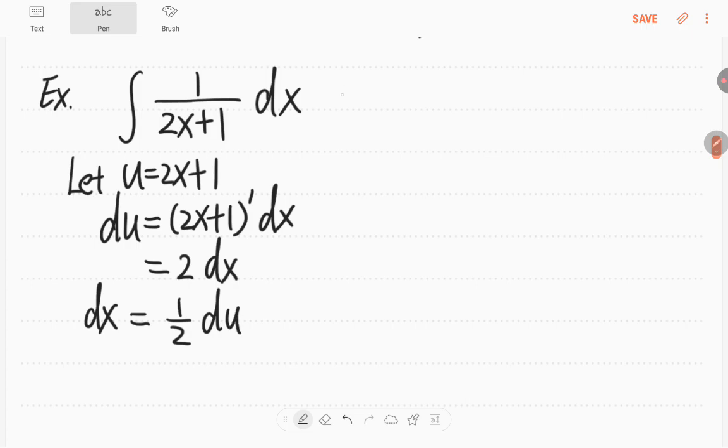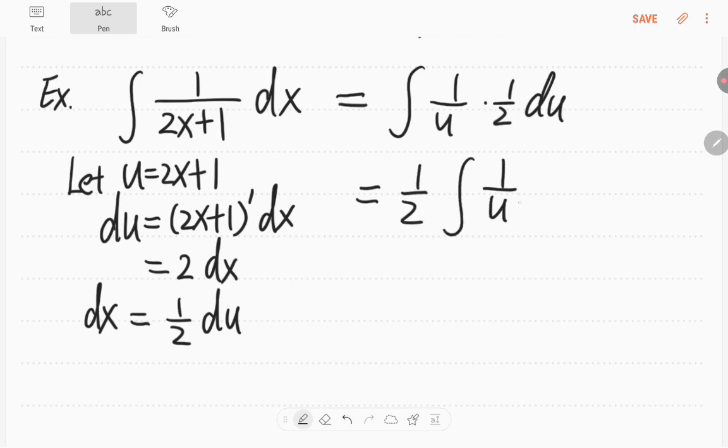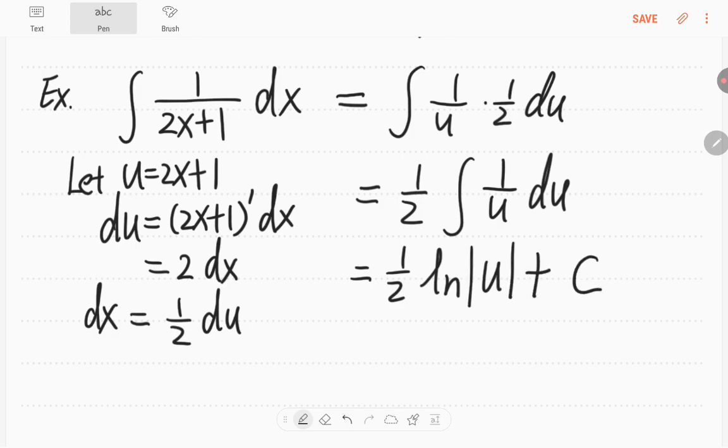Then we plug in, and it would be the integral of 1 over u times 1/2 du, which equals 1/2 the integral of 1 over u du. This is equal to 1/2 the natural log of the absolute value of u plus a constant c times 1/2, which is still a constant c. At last, it would be 1/2 natural log of the absolute value of 2x plus 1 plus a constant c.